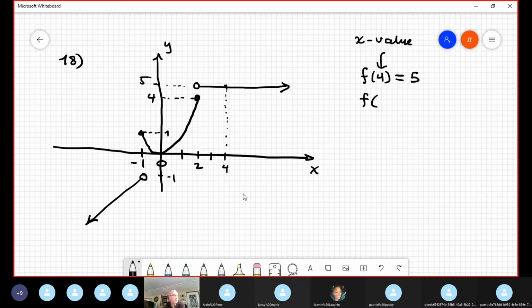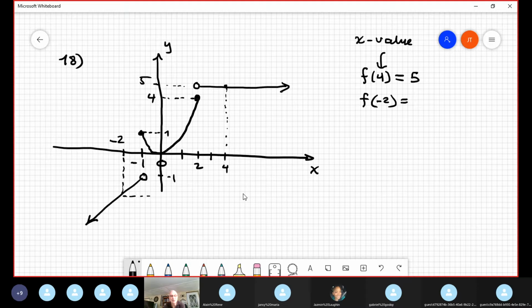Okay, f evaluated at -2. Sometimes you need to be aware that you must extrapolate, because the given interval is located here, but we have another point. -2 is here. I don't move up because we have no graph, so I move down.